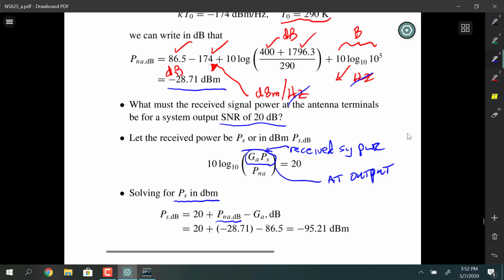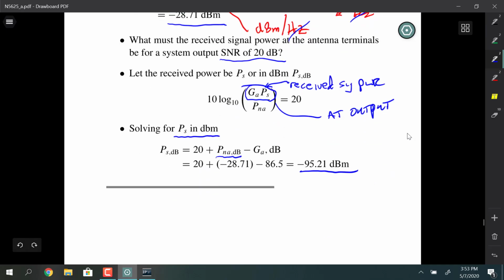Just using addition and subtraction, that works out to be minus 95.21 dBm. So that would be the power we'd want at the input to our receiver to get us 20 dB at the output. That's a pretty small power level. It's not as small as it gets for operations of wireless devices, but it's fairly small.